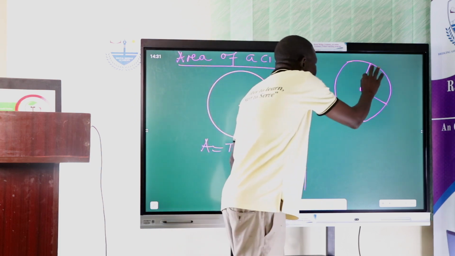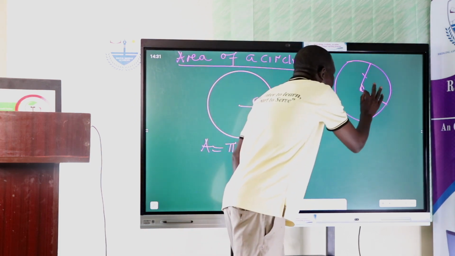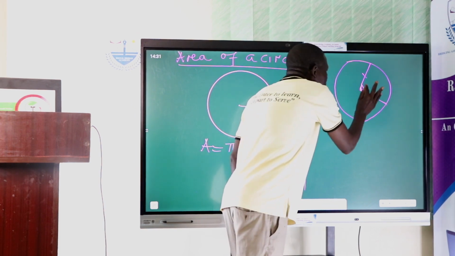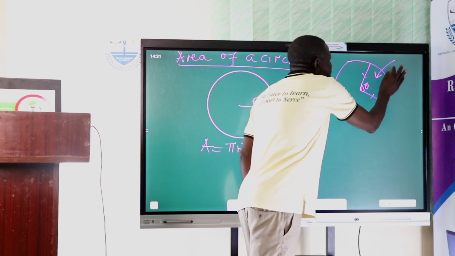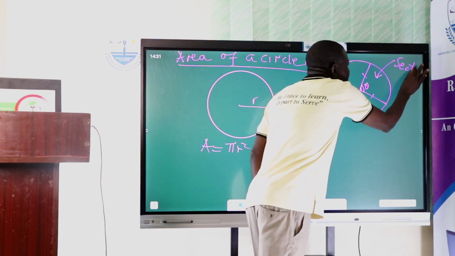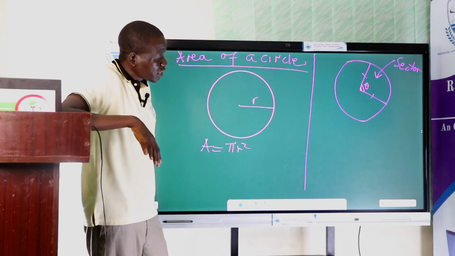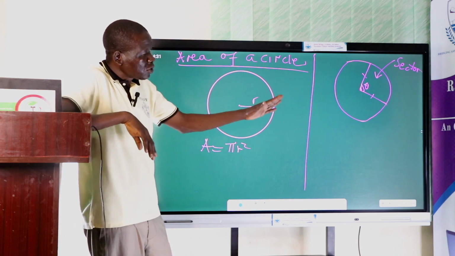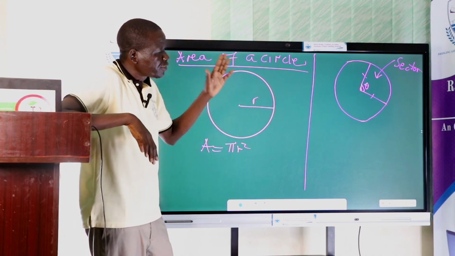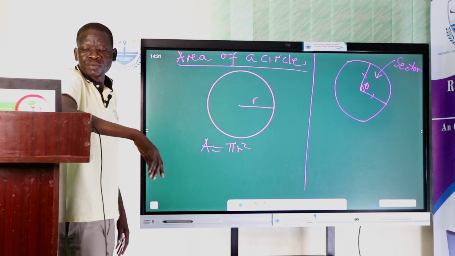This is the radius, then this is another radius, to form an angle in between, which angle can be angle theta. So the whole of this part of the circle is what we call a sector. Now, area of the sector is got by the formula angle out of 360 times pi r squared.